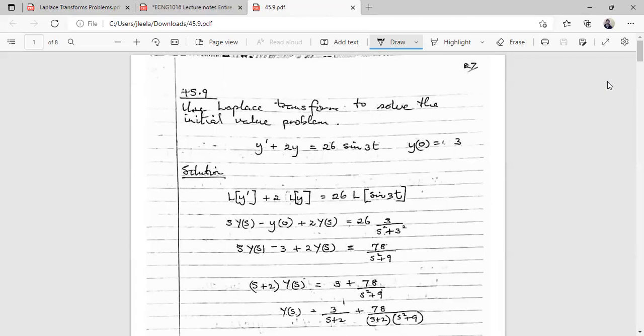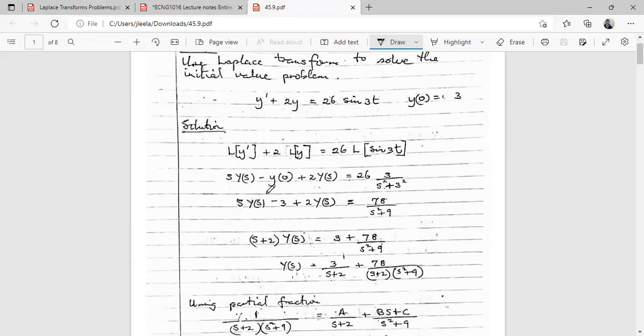So first of all, you take the Laplace transform on the left hand and right hand side of the differential equation. So you do the Laplace of y prime, which is sY minus y(0), plus 2Y, is equal to 26 times the Laplace of sine 3t, which is 3 over s squared plus 3 squared.